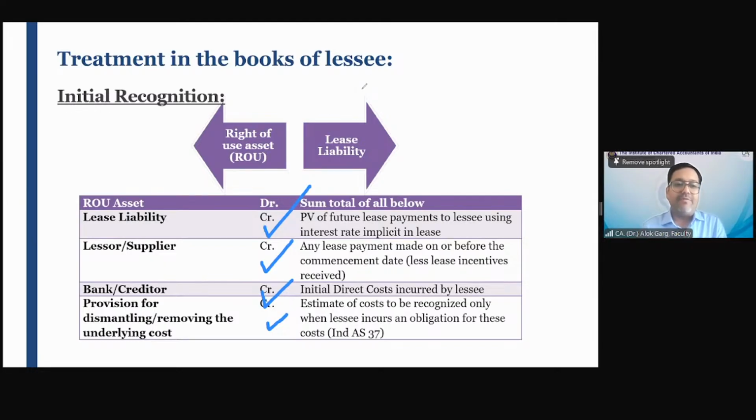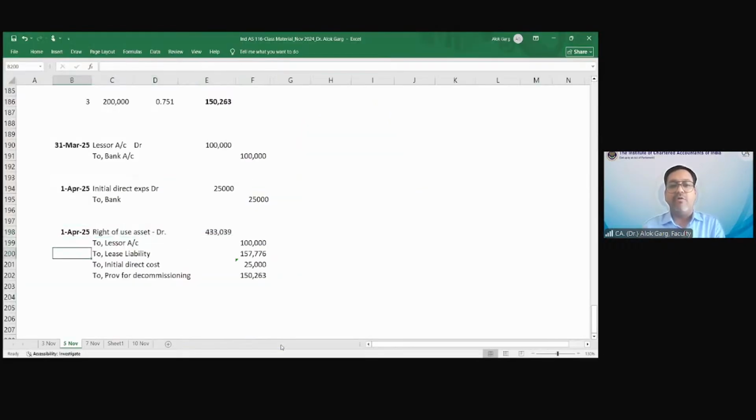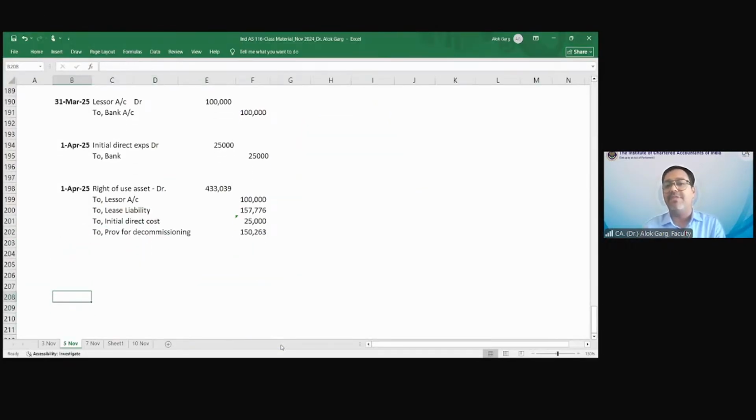Yes. So friends, this right of use asset is going to be depreciated over the period of the lease. For example, this is my right of use asset finally. How will this right of use asset become zero by the end of the 3 years? Subsequent measurement: this right of use asset is going to be depreciated.